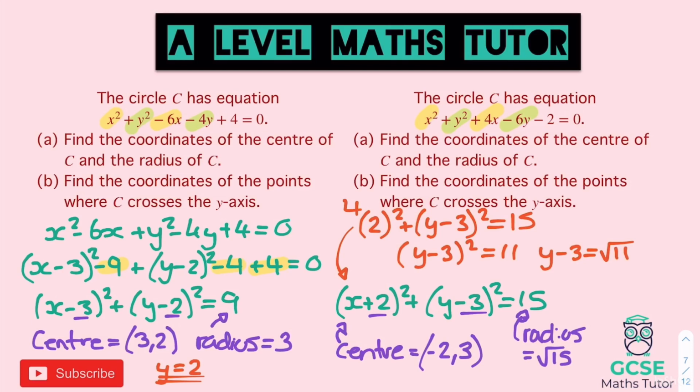I've not left myself enough room for the plus and minus, so let's write that again. Then add the 3 over, and we get y equals 3 plus and minus the square root of 11. We can write that as two solutions: y equals 3 plus root 11 or y equals 3 minus root 11. There's our two solutions.